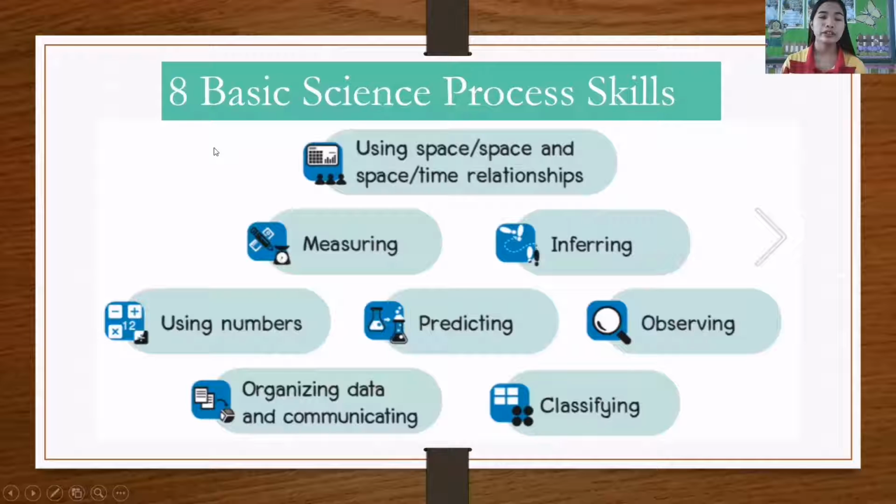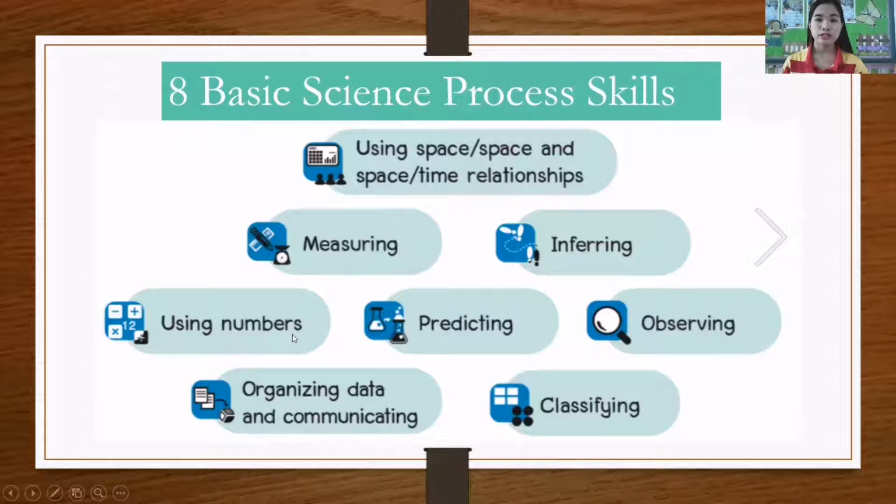We have here the first, which is the basic science process skills. There are 8. First is using space or time relationships. Second, measuring. Third, inferring. Fourth is using numbers.